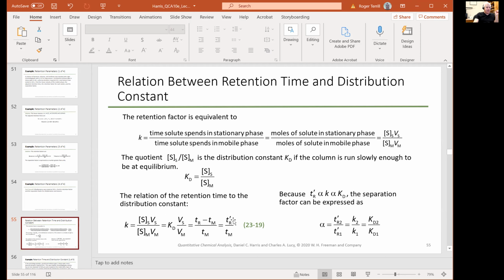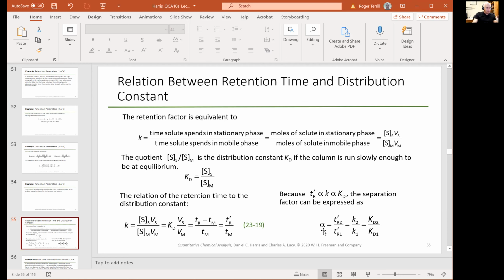Little k and capital K are related, and they're both equal to T prime over Tm. Alpha is a separation factor, and it's the ratio of the T primes. It's the ratio of the ks and the ratio of the capital Ks.